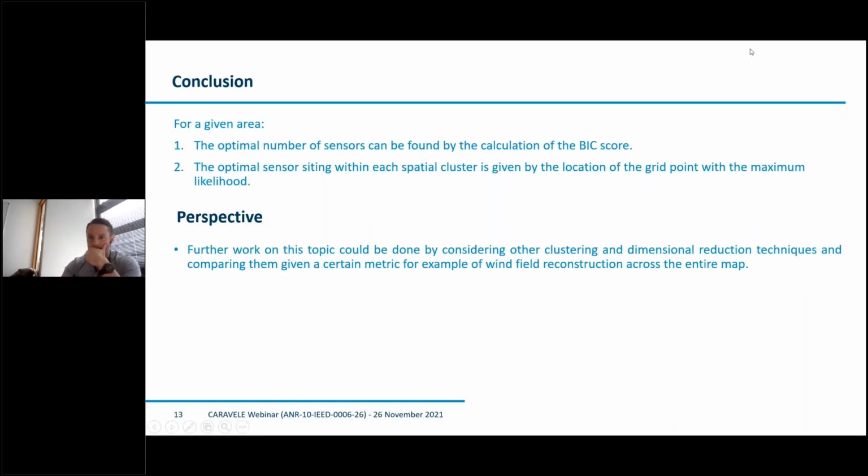As a perspective, further work on this topic would be done by considering other dimensional reduction, and comparison with a given metric, for example, a wind field reconstruction across the entire map, for example with a support vector machine or a CNN, a convolutional neural network.